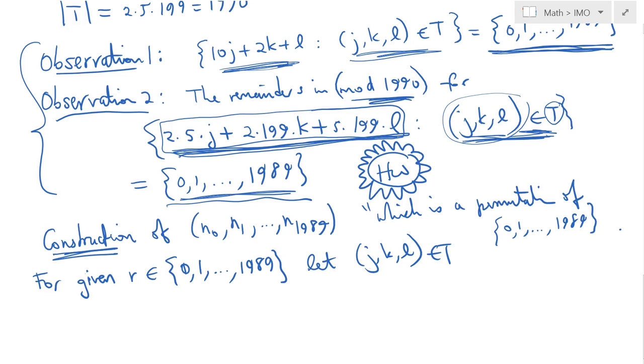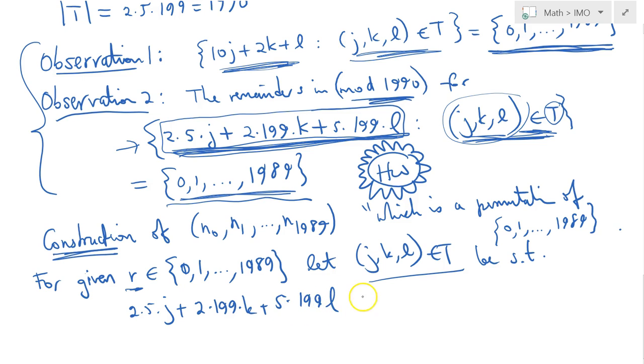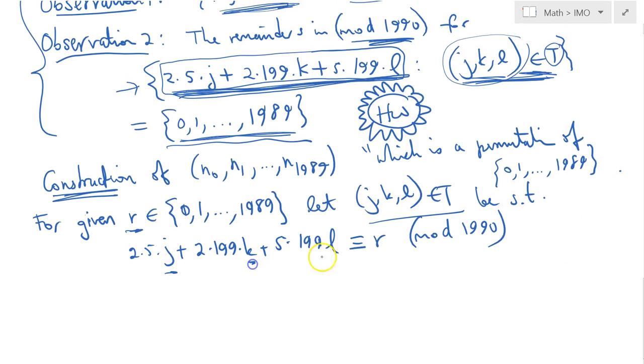So for given R, let this triple j, k, l in T be such that 2 times 5 times j plus 2 times 199 times k plus 5 times 199 times l is congruent to R in mod 1990. So you find the unique j, k, l that would give that remainder.